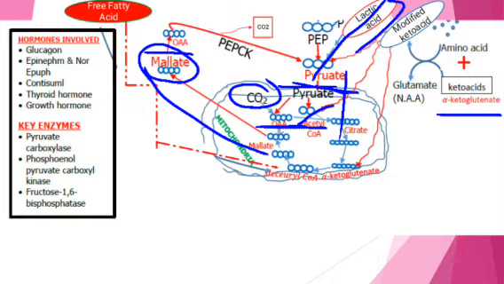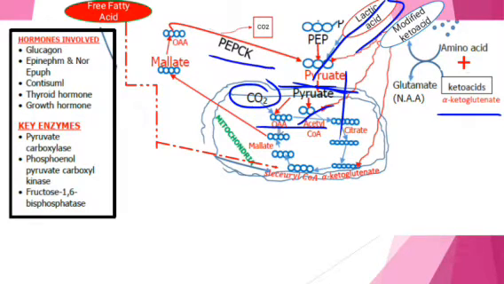However, oxaloacetate is a 4-carbon molecule but needs to be cleaved of 1 carbon so as to form phosphoenolpyruvate. So PEPCK, phosphoenolpyruvate carboxykinase, cleaves off one carbon to channel oxaloacetate to the formation of phosphoenolpyruvate.